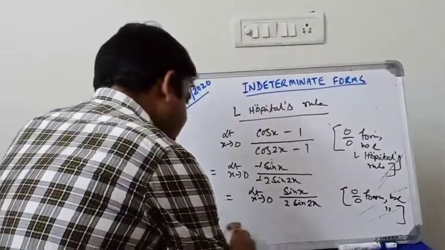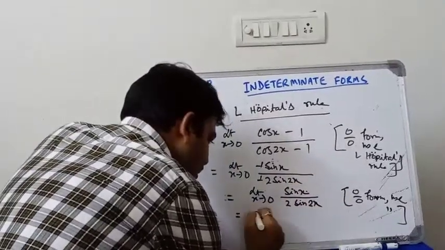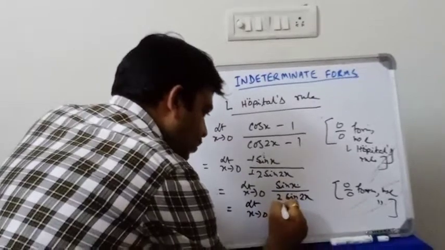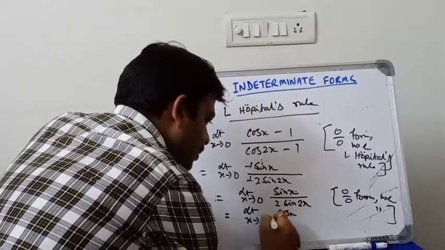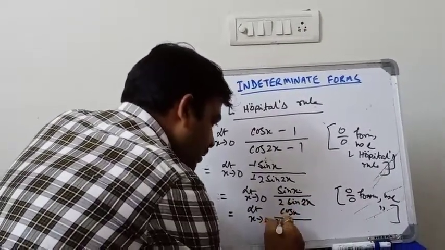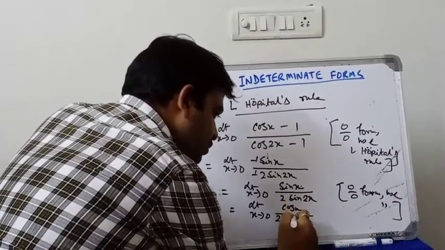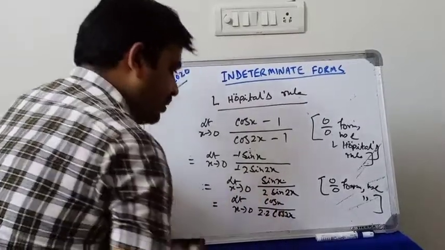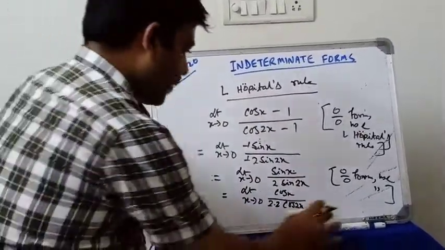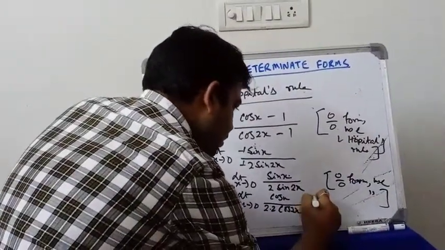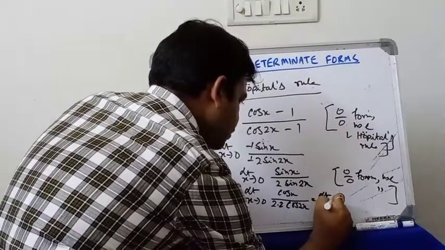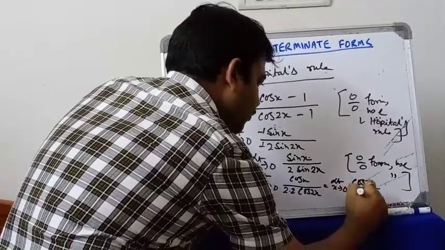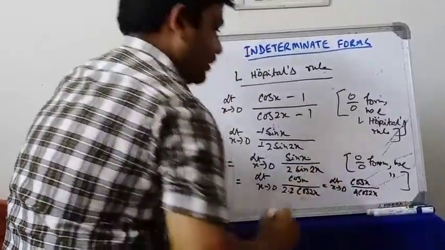The derivative of sin x is cos x, and over 2 times the derivative of sin 2x, which is 2 cos 2x. So 2 into 2 is 4, and it is limit x tends to 0 cos x by 4 cos 2x.